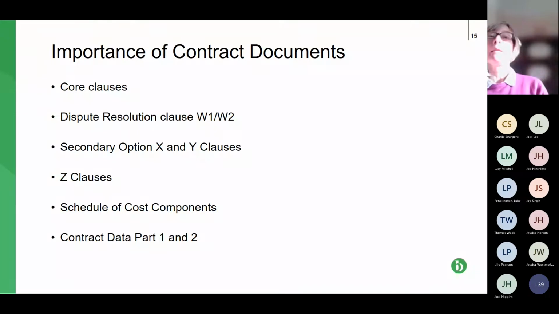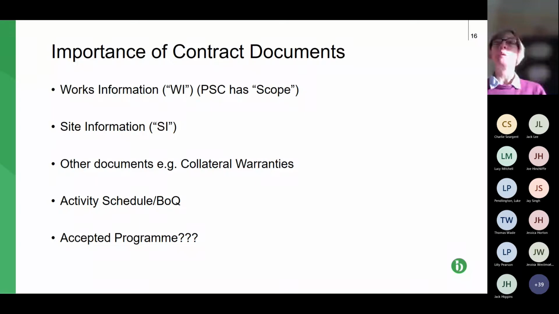And then the last 2 bullet points are really the contract particulars in JCT, the bits that you complete that are specific to the project. But why I wanted to talk about this in particular is the other contract documents are really, really important. So, you know, for NEC, we have the works information and site information.